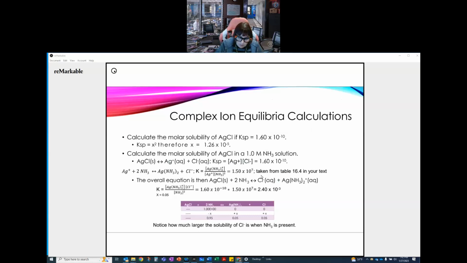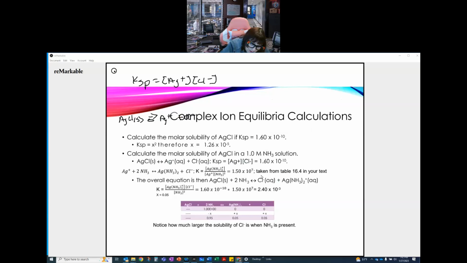And we know that when we do that, that Ksp is equal to the Ag+ times the Cl-. And I know that if I have an ICE table for this, we'd have AgCl solid going to Ag+ plus Cl-.